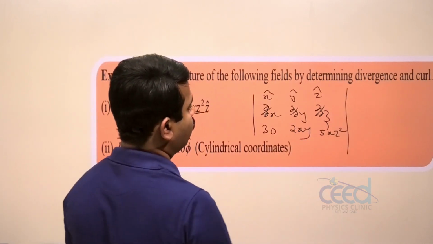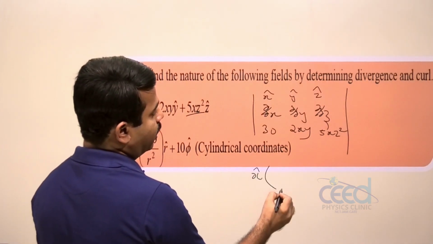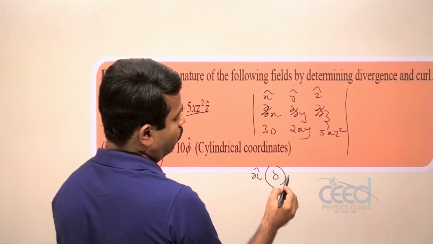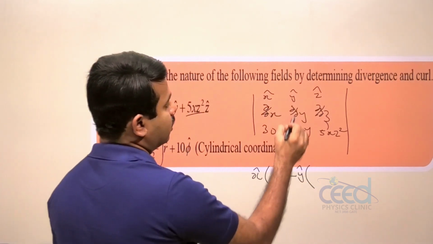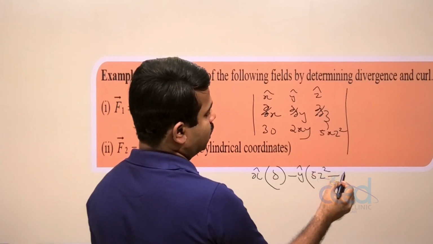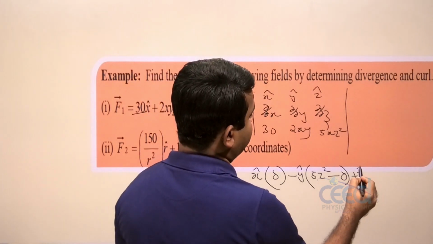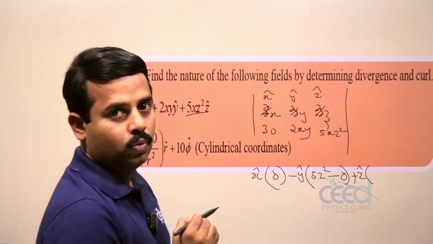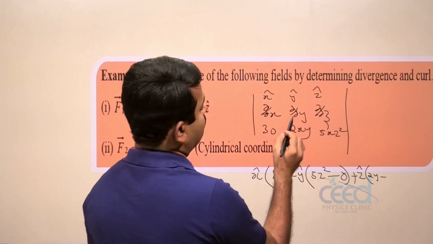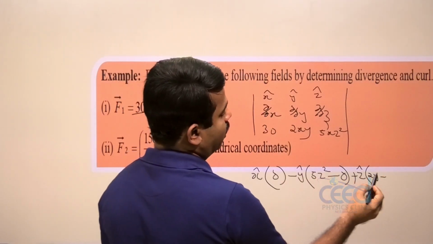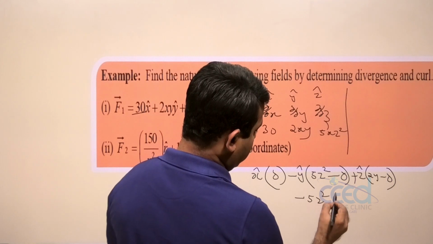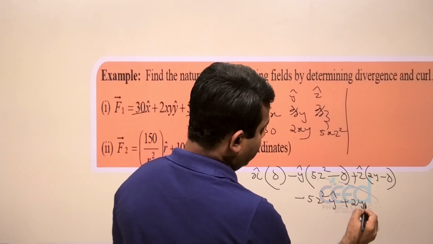Then x cap into, this is 0 and this is also 0, with respect to y, no y component here, so 0, minus y cap into, with respect to x, this is 5z square, minus with respect to z, this is 0, plus z cap into, this is 2y minus, with respect to y, this is 2y minus 0, then here minus 5z square y cap plus 2y z cap.